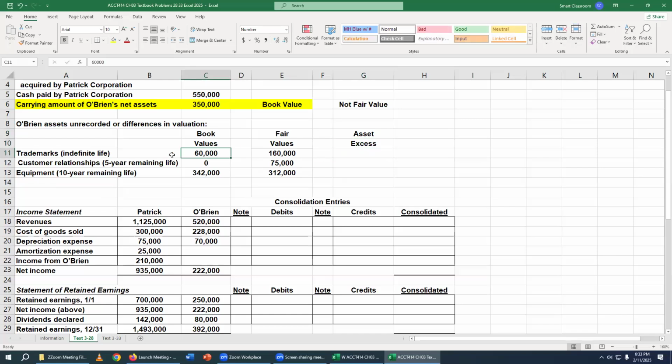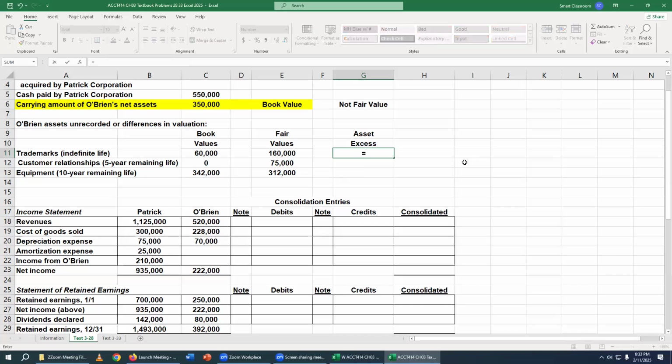So the normal ones are going to be this trademark, and usually assets, if they are on the books, will be either at the book values or else higher, because generally speaking, if the value is lower, you write them down.